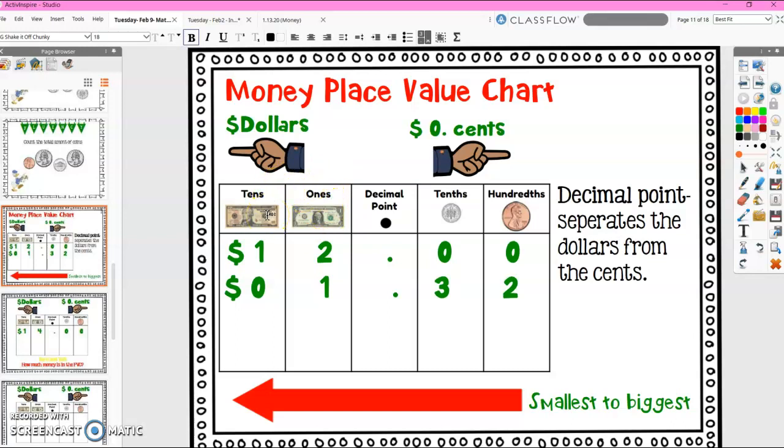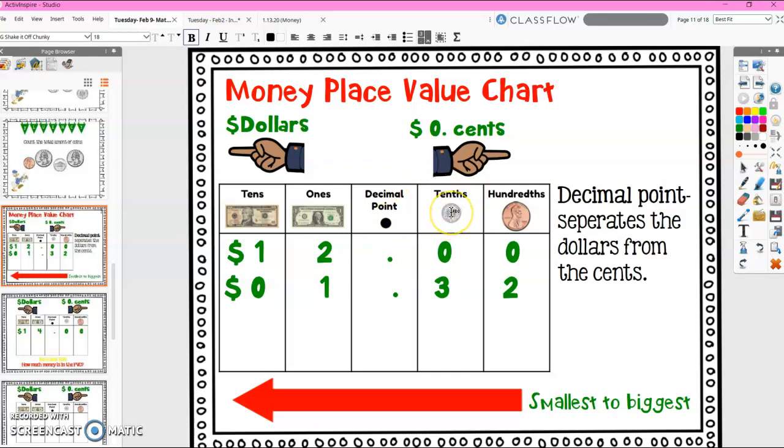And it can also keep going up, to hundreds and thousands as well. This side of the decimal point, the left side, is just like a regular place value chart. Ones, tens, hundreds. And this side will be your dollars. Then comes a decimal point. The decimal point separates the dollars from the cents.